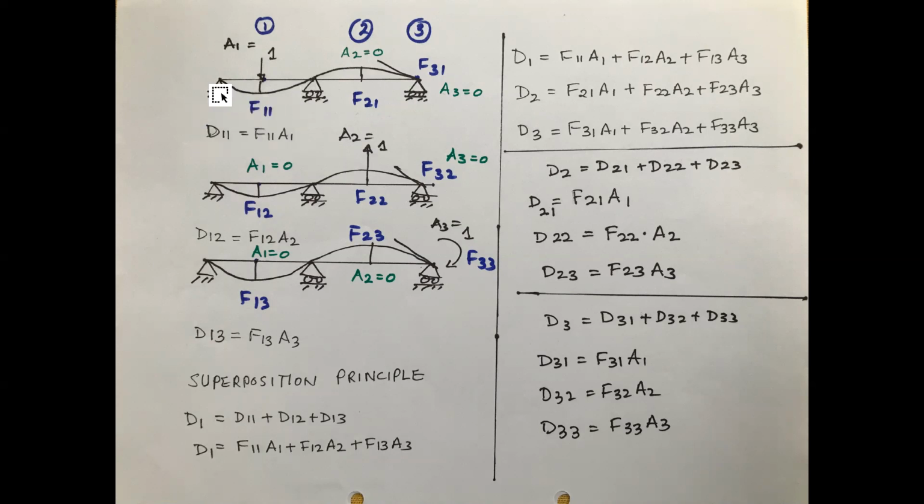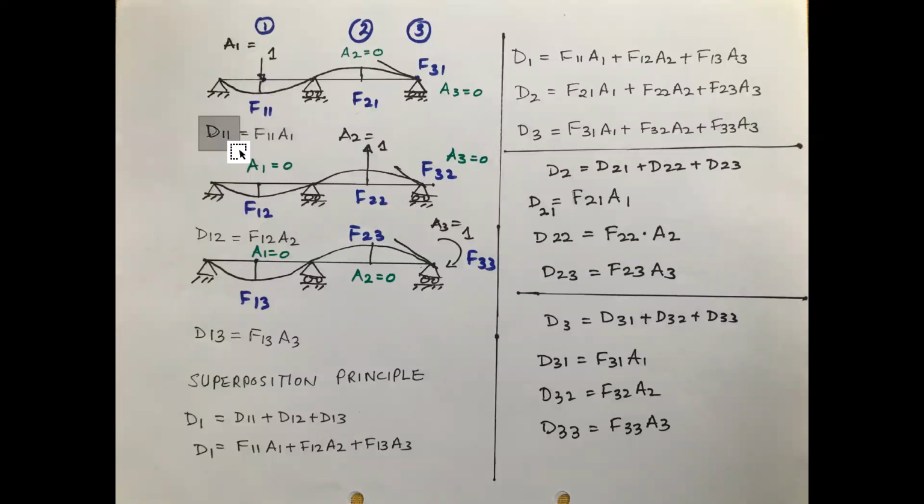So if F11 is caused by unit load, how much is the deflection caused by the actual load? It will be F11 times A1.